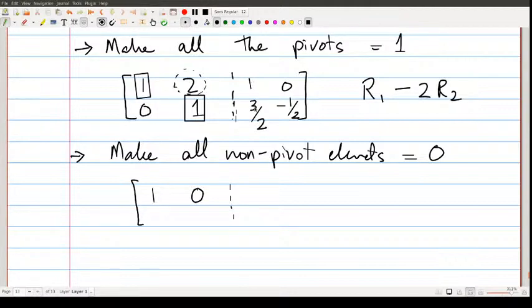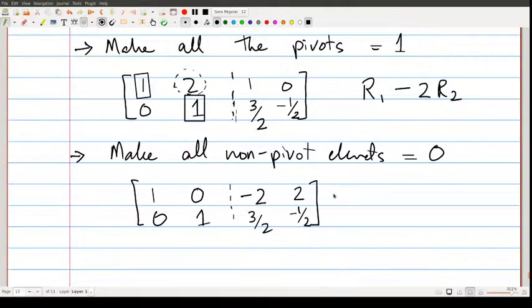Then 1 minus 2 times 3 upon 2, which is 1 minus 3, which is minus 2. And 0 minus 2 times minus half is plus 2, so I get 2 over here. Now I leave row 2 as it is: 0, 1, 3 by 2, minus half.